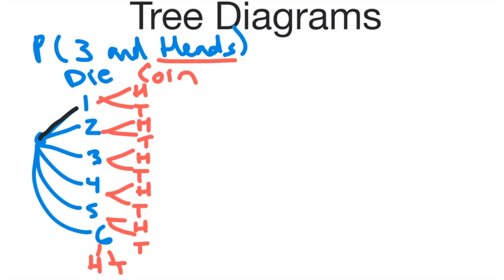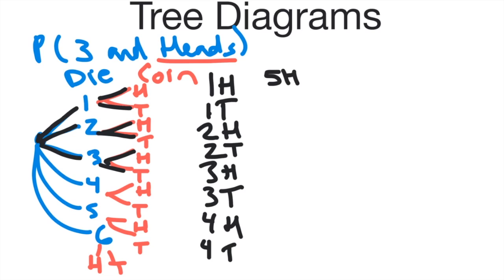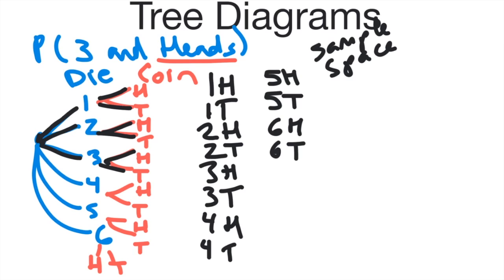So if I follow the branches, I get 1 and heads, 1 and tails, 2 and heads, 2 and tails, 3 and heads, 3 and tails, and so on. Remember, this list of outcomes is called the sample space.